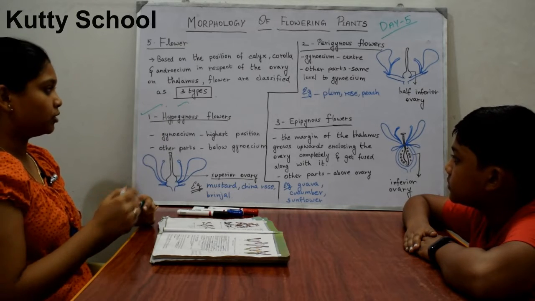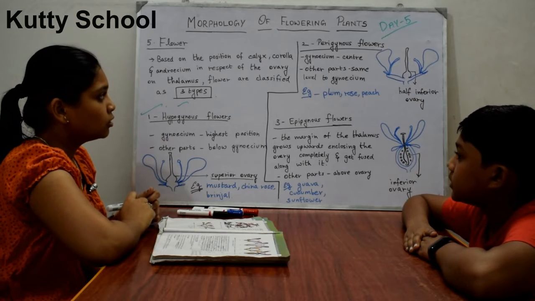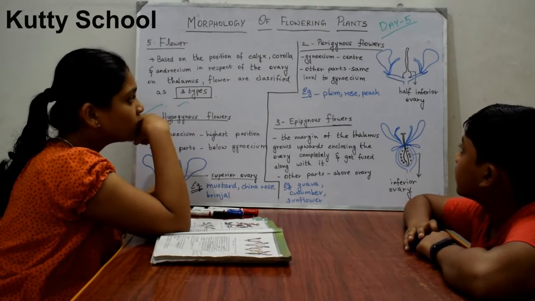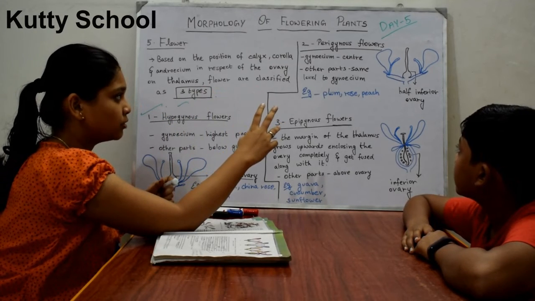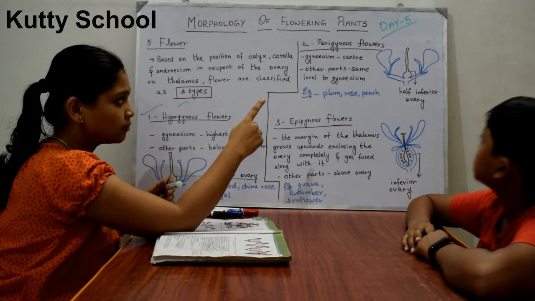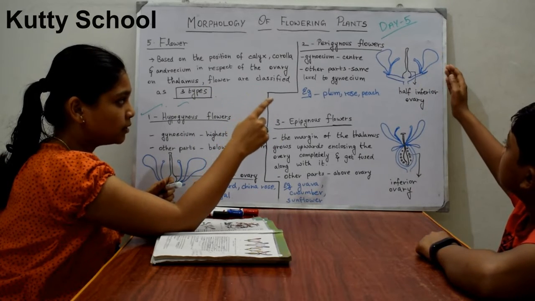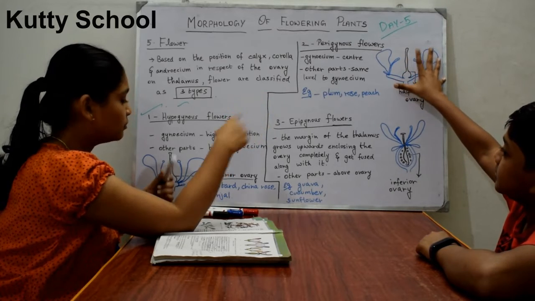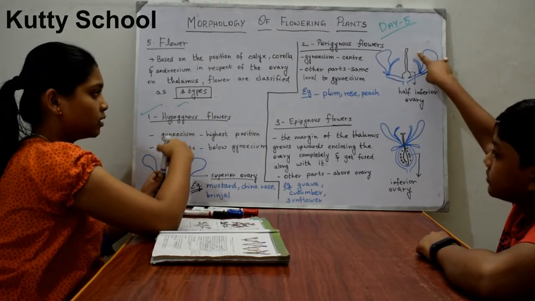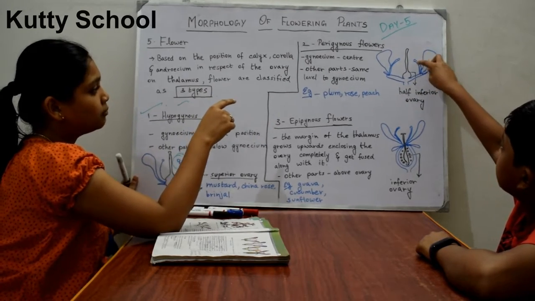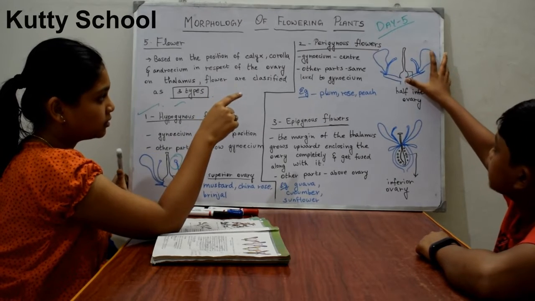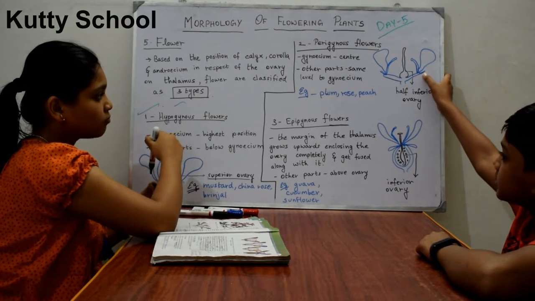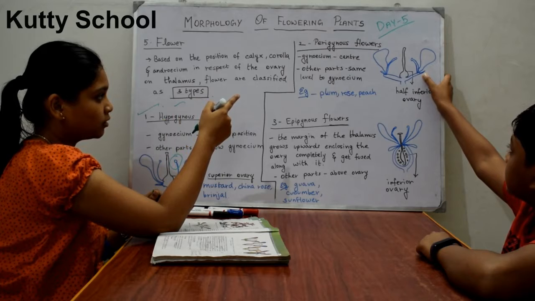Next we are going to see perigynous flowers. In these flowers, the gynoecium occupies the center position, and the other parts are at the same level as the gynoecium. Here are the androecium, petals and sepals, and the ovary.